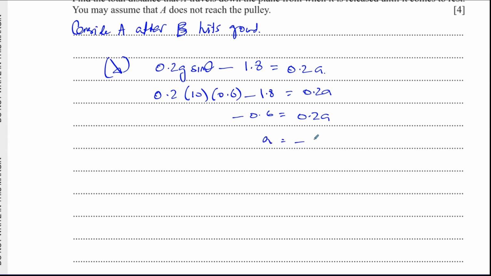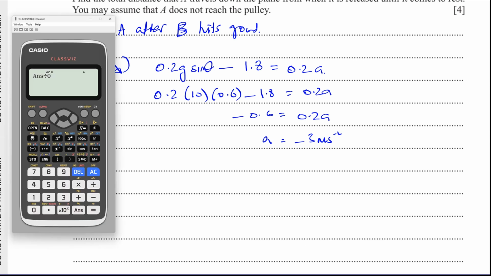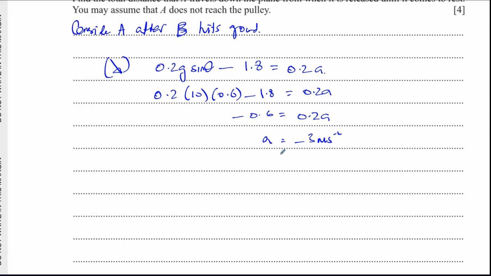So a is going to be minus 3 meters per second squared. You get negative 0.6 and you divide it by 0.2, that gives you minus 3. So the acceleration is negative 3 meters per second squared.